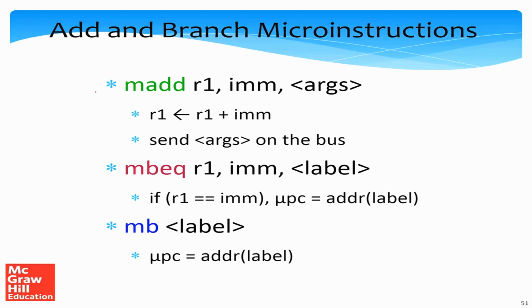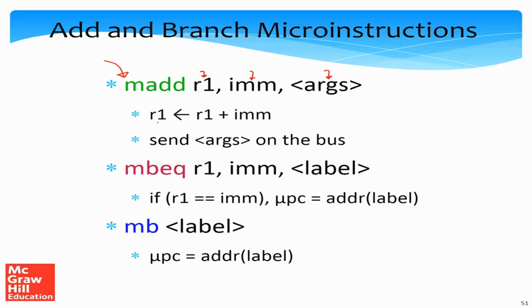Now we need a little bit of add and branch micro instructions. The add micro instruction that we shall introduce is madd. It takes the first argument as a register, the second argument is an immediate, and the third argument is basically a set of bits called the args field.